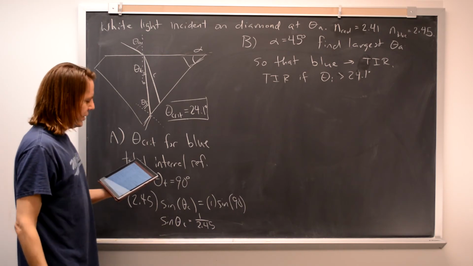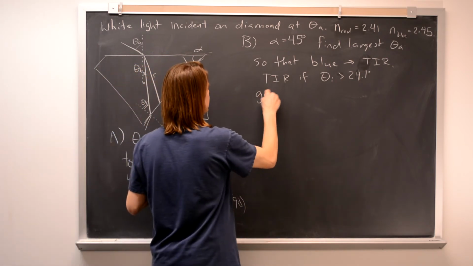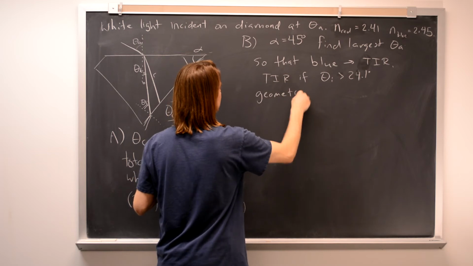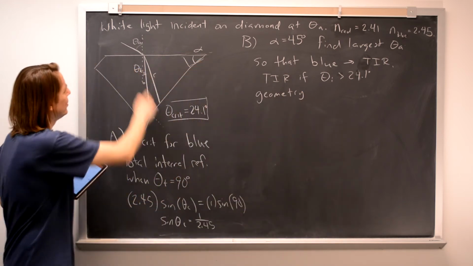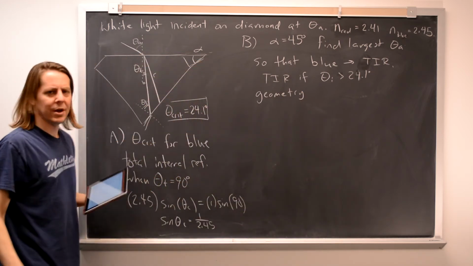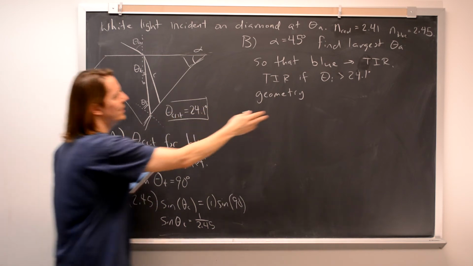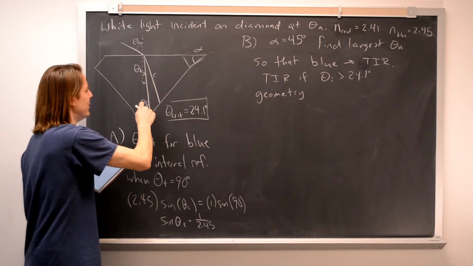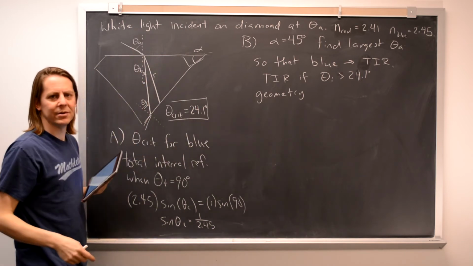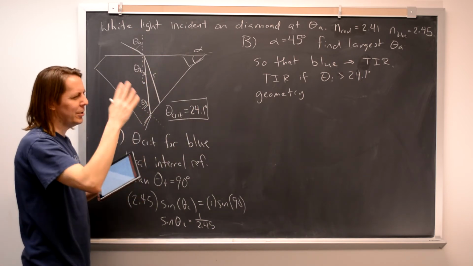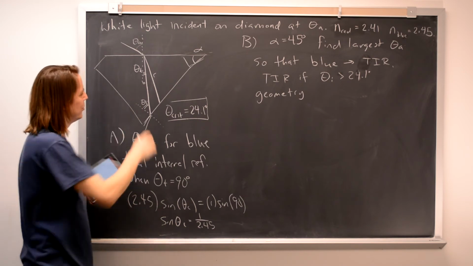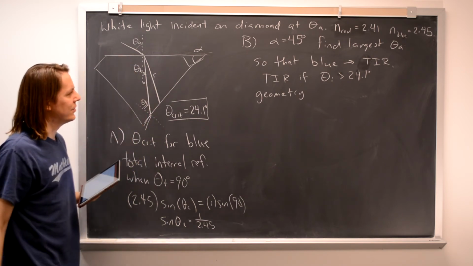Let's see. So now we have to do geometry, not physics. So I'm going to redraw this corner and show you how to figure out the geometry, because basically we're assuming it's greater than, but we're really saying when this is at the critical angle, what is theta A? That's really the question. Bigger than, smaller than, don't worry about that. It's just when we're at the critical angle, what's theta A? That's going to be the answer.